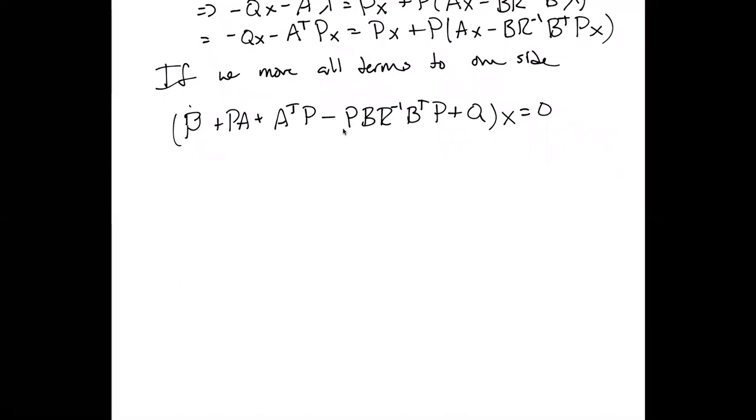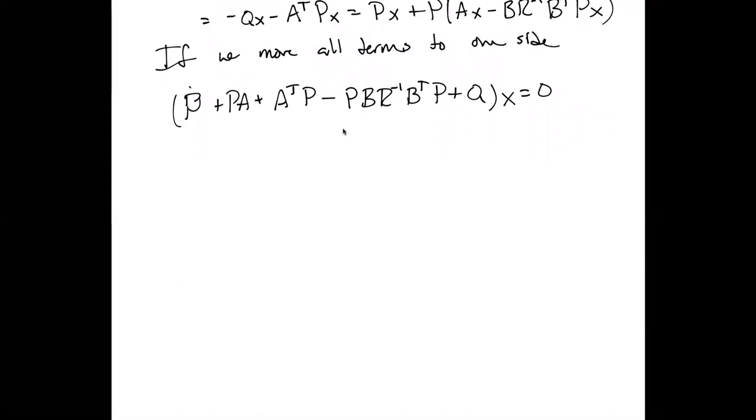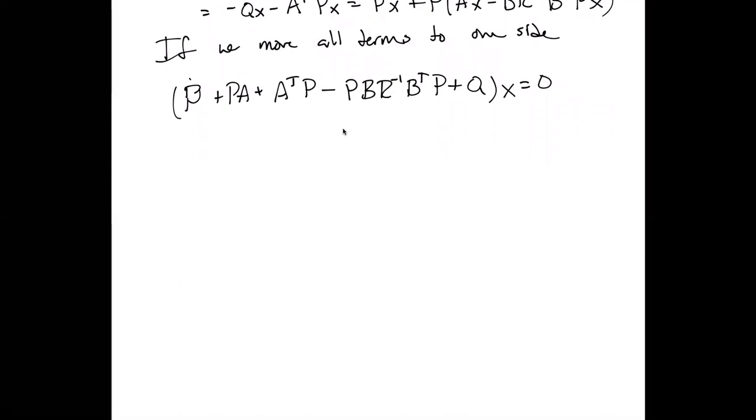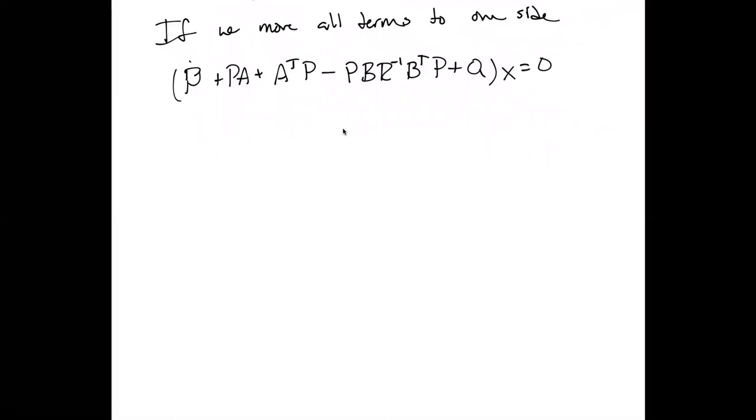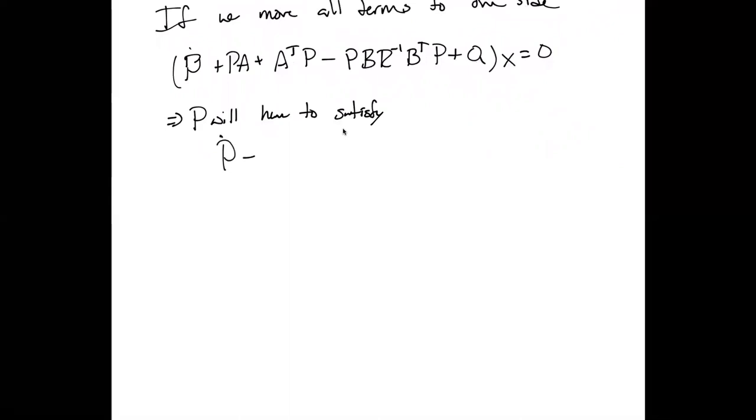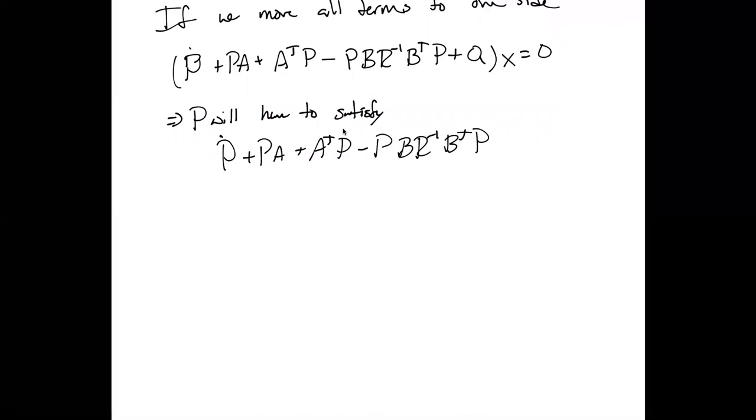All right. So now we get a condition on P that we'll need to satisfy. Namely, P will have to satisfy the following: P dot plus PA plus A transpose P minus P B R inverse B transpose P plus Q is equal to 0.